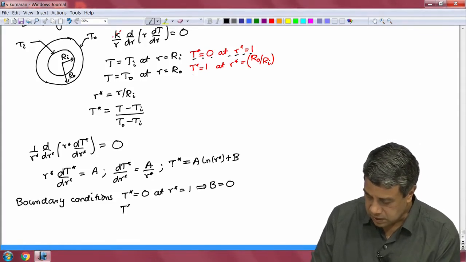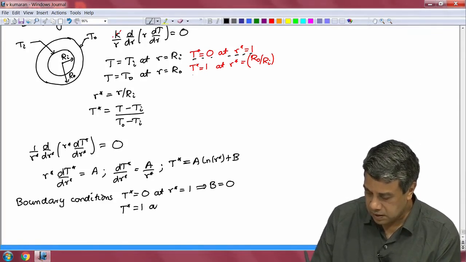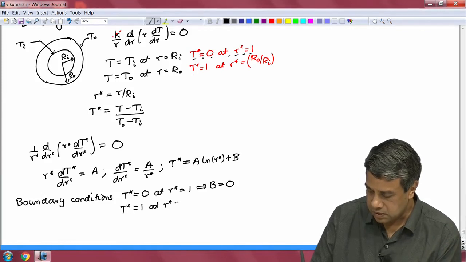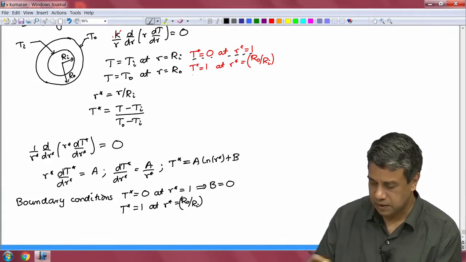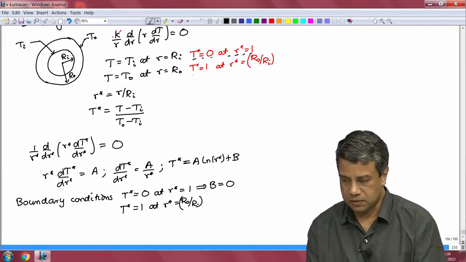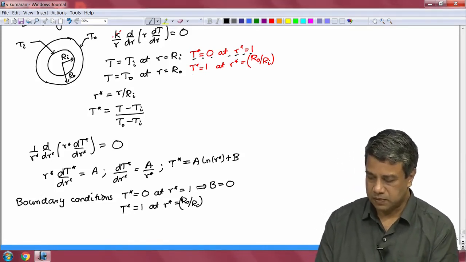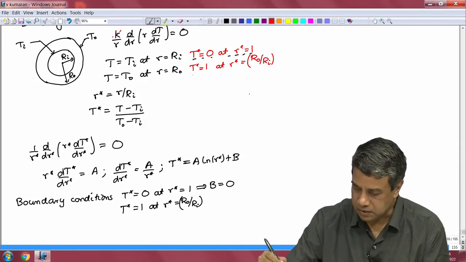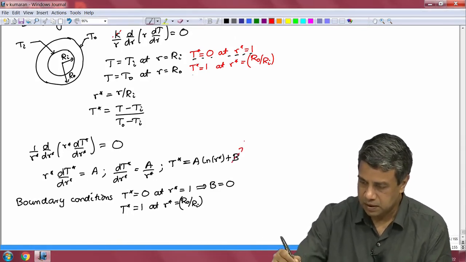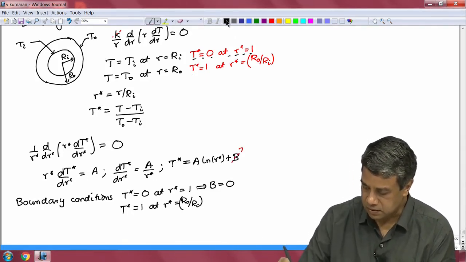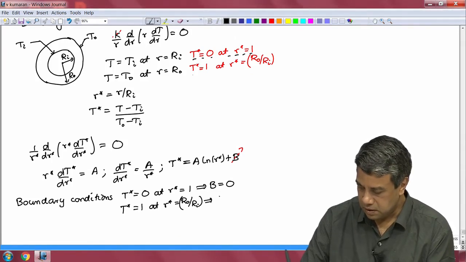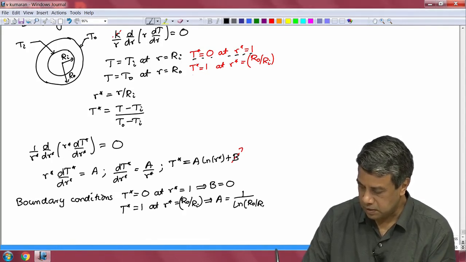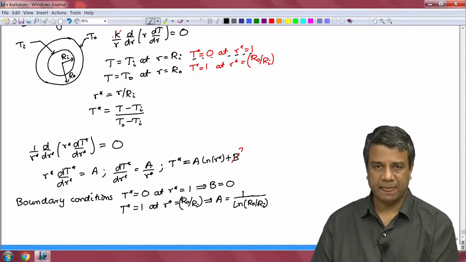Also, T star is equal to 1 at r star is equal to Rho by Ri, and we already know that B is equal to 0. Therefore, this gives us a solution A is equal to 1 by natural log of Rho by Ri.